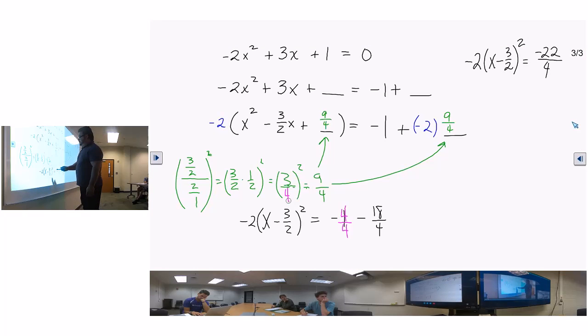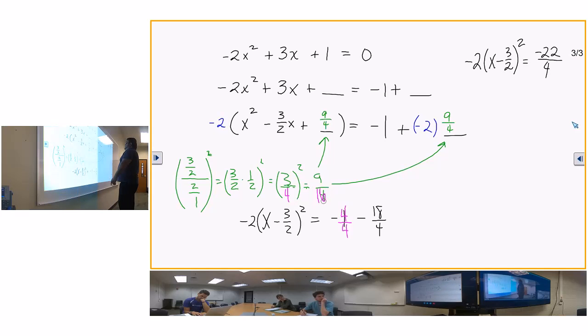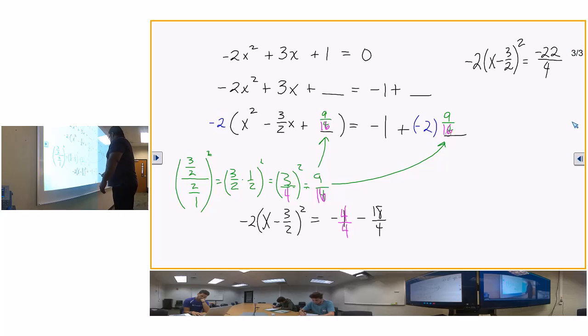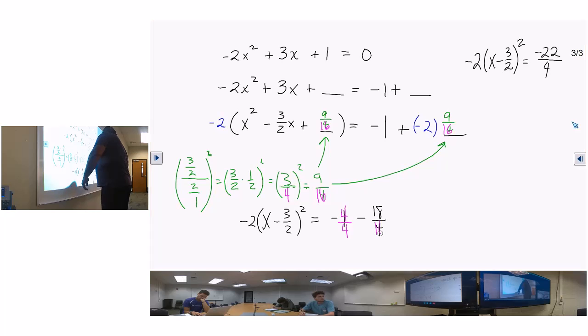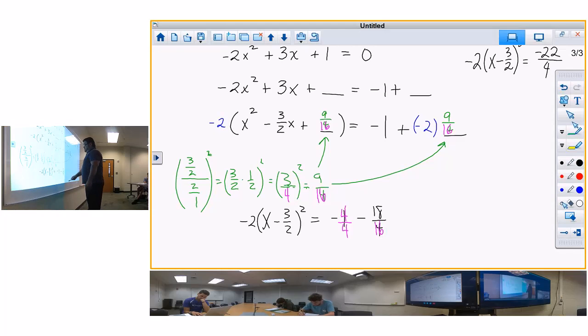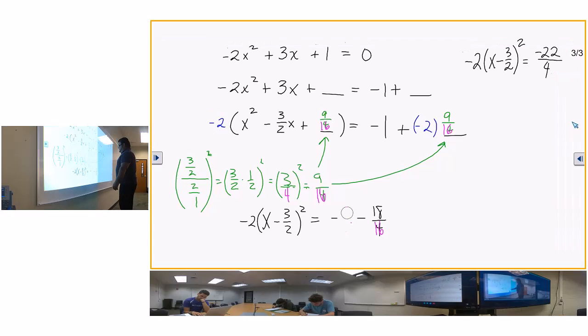My bad. That's 16. See, I make mistakes too. So that's going to be a 16 there and a 16 there, which means this is going to be 18 over 16. And you can reduce that, but I'm not going to mess it up anymore. So I'm just going to change this to 16 over 16.